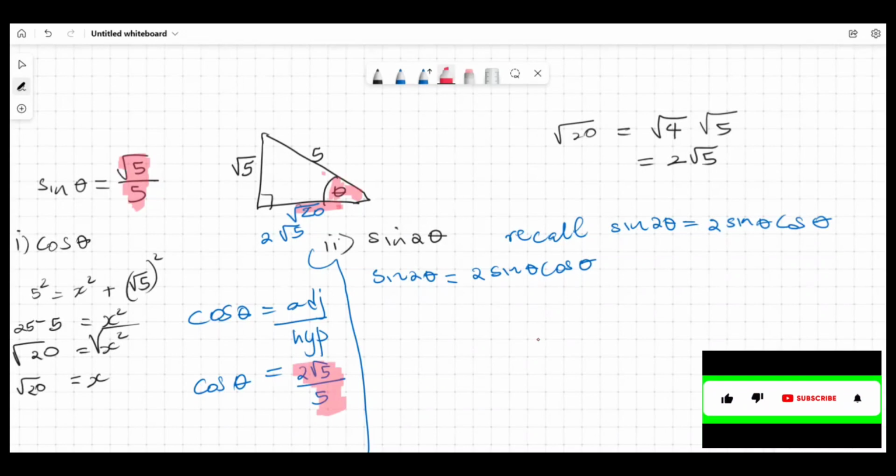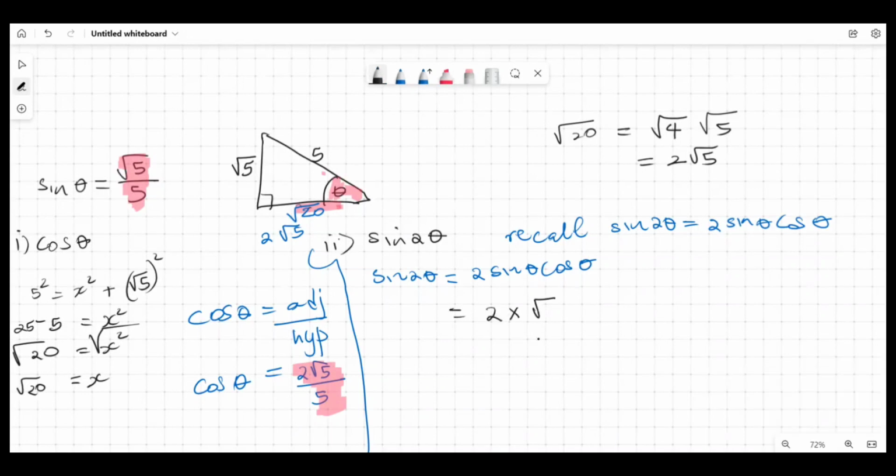All right? So with that said, I can now substitute 2 times root 5 over 5 times cos theta, which is 2 root 5 over 5.